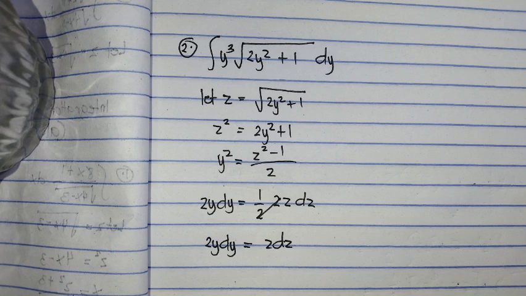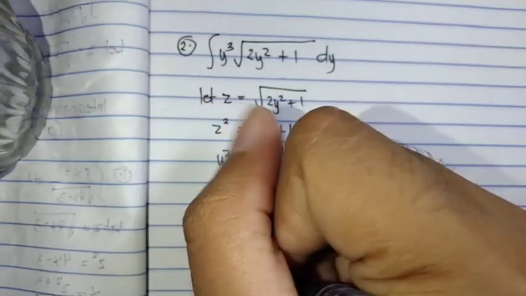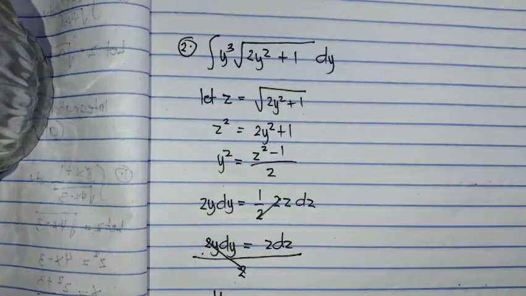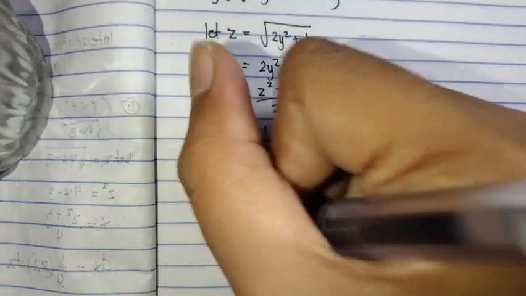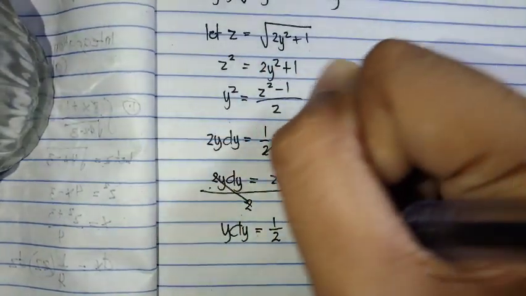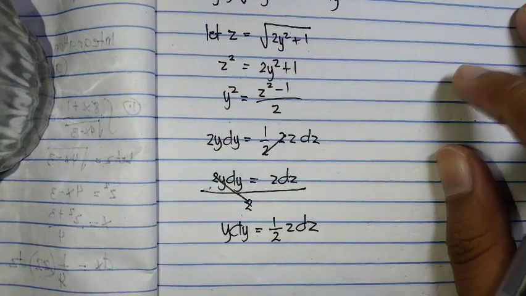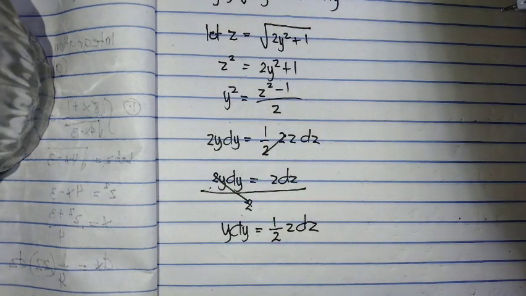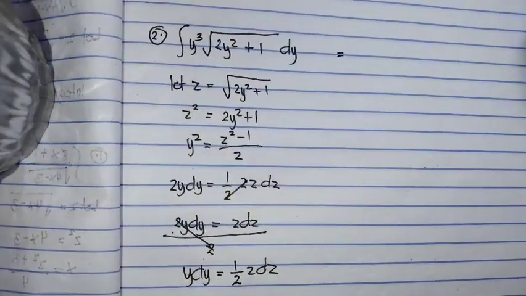So next, we're going to move y, so y dy is equal to 1/2 z dz. Substitution.